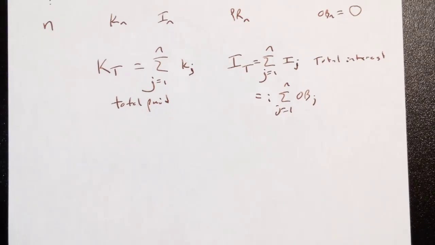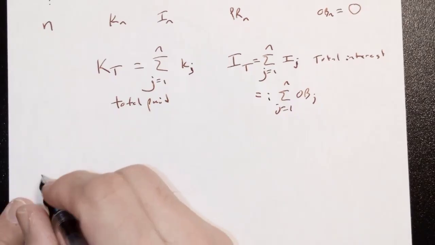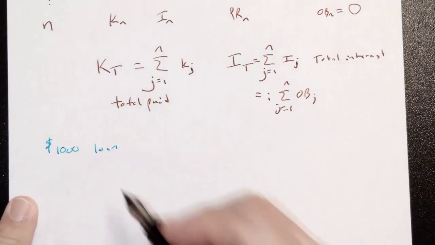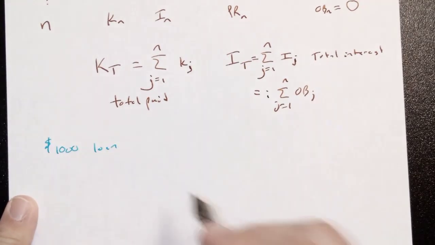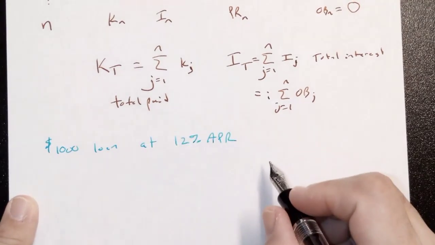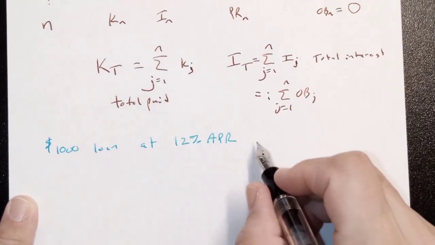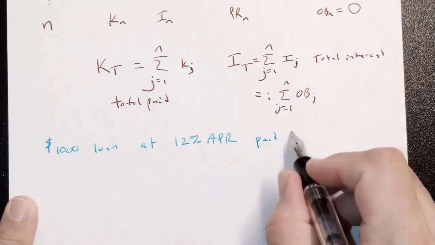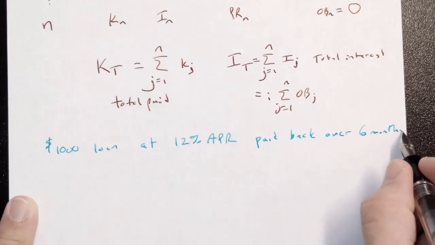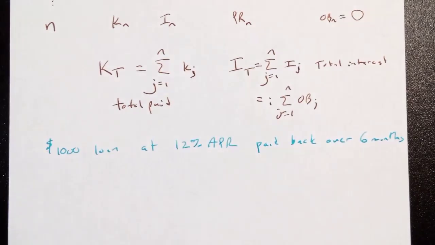Let's do an example where I don't know the payment. How can I go figure out the payment? I am going to make a loan of $1,000.